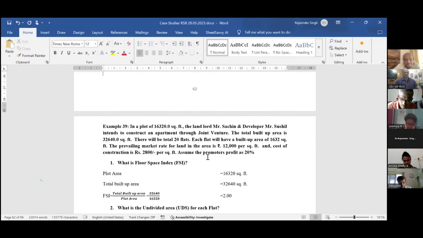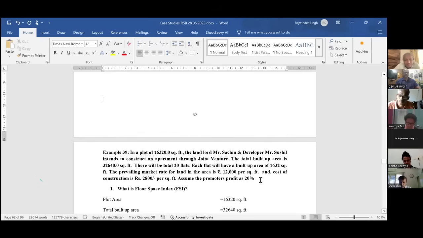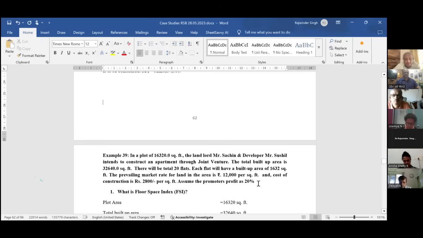The total built-up area is 32,640 square feet. There will be a total of 20 flats. Each flat will have a built-up area of 1,632 square feet. The prevailing market rate for land in the area is 12,000 per square feet, and the cost of construction is 2,800 per square feet. Assume the promoter's profit as 20%.